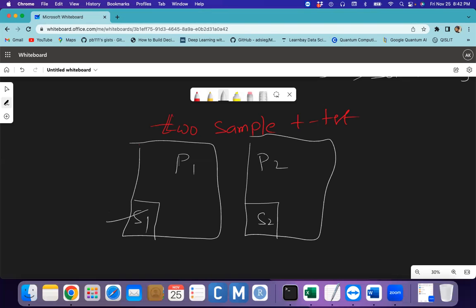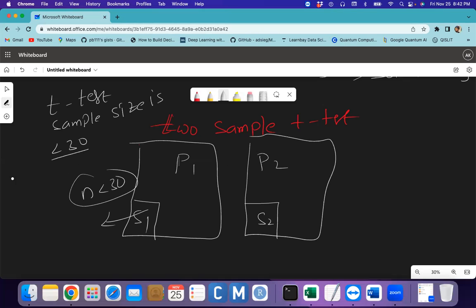The sample size could be less than 30 when you are applying the t-test, that means n could be less than 30. And we have one more thing: the population standard deviation is unknown.